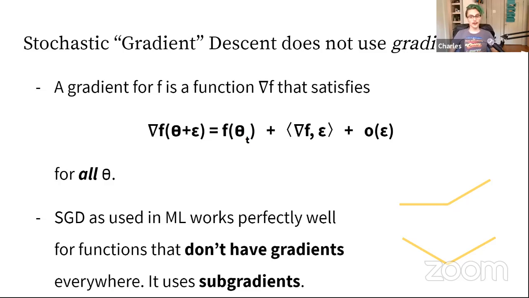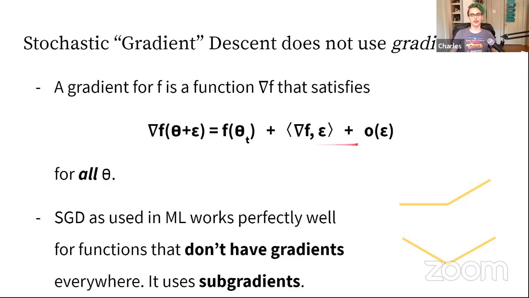A gradient for a function f is a function nabla f that satisfies this relationship here, which basically says if I look at the function's value at some point epsilon away from a point theta, then it should be approximately equal to a linear function times how far away I went.